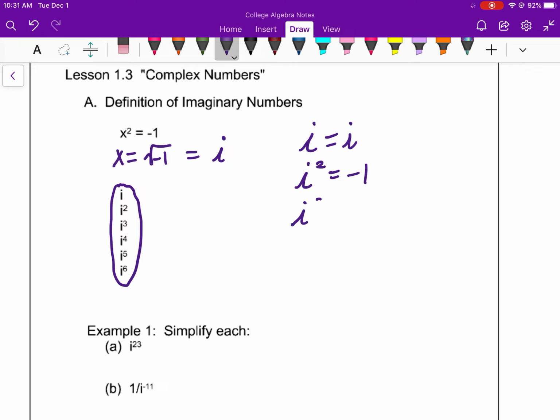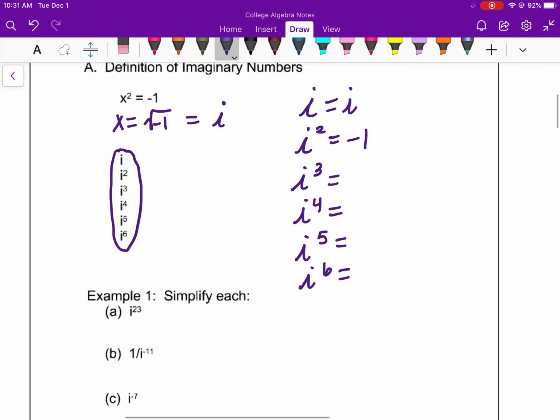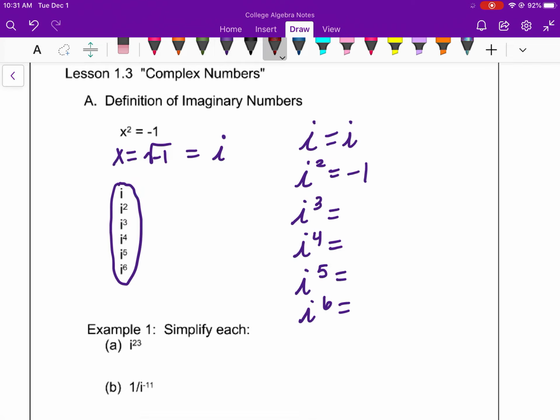And then i to the third, i to the fourth, i to the fifth, i to the sixth, and so on. So you need to memorize that i squared is -1. That is one of the most important facts from this lesson.